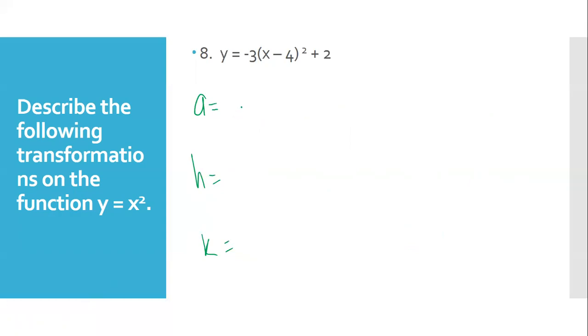All right, our A tells us equals -3. And what does that tell us? It's a reflection and what else? It's a stretch. Because the 3 itself, the absolute value of it is greater than 1. Okay?